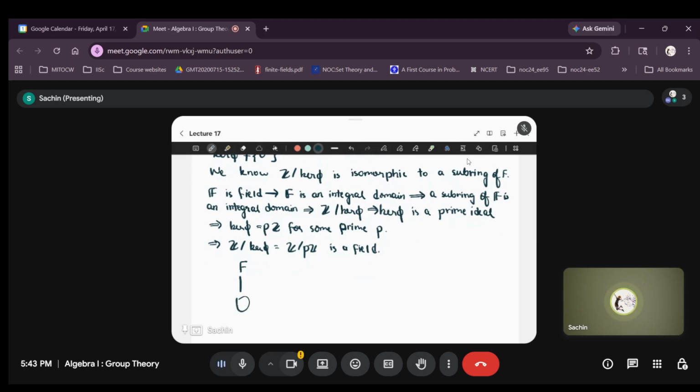There is some set F prime, which is isomorphic to Z mod PZ. So this is F, F dash, which is a subring of F that is isomorphic to Z mod PZ, which is a subfield. So F prime is some subfield of F containing P elements.